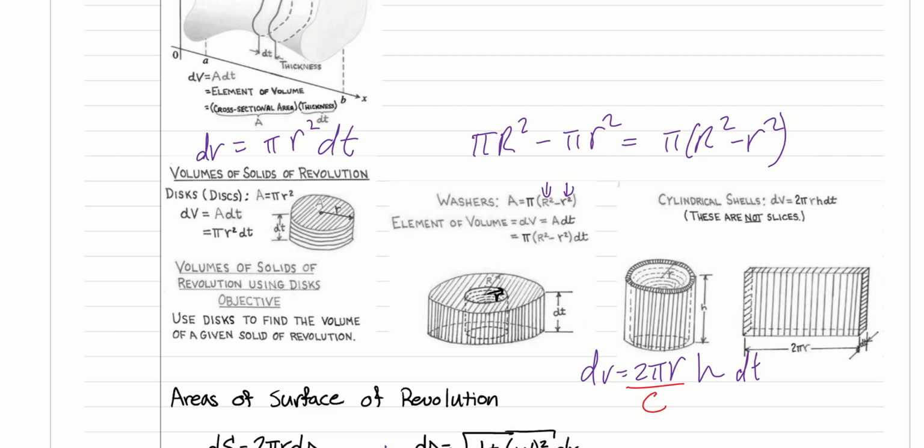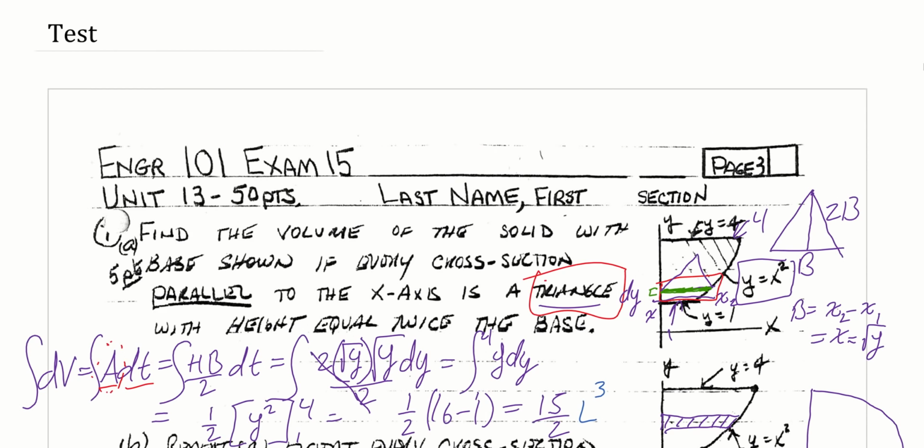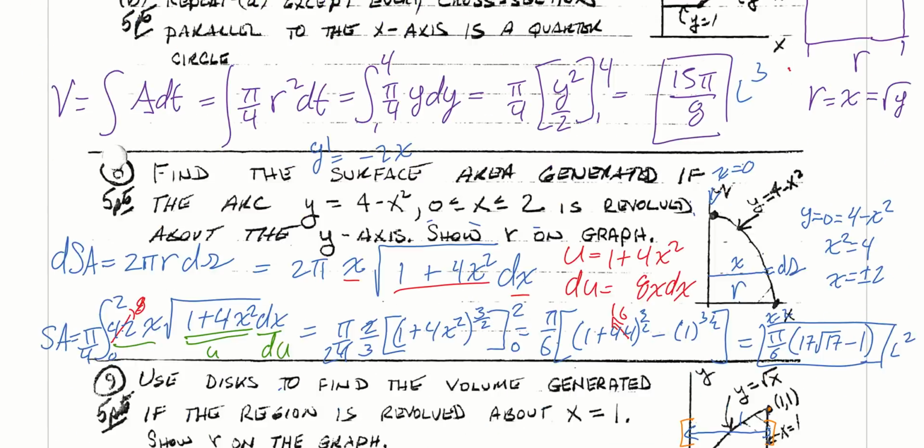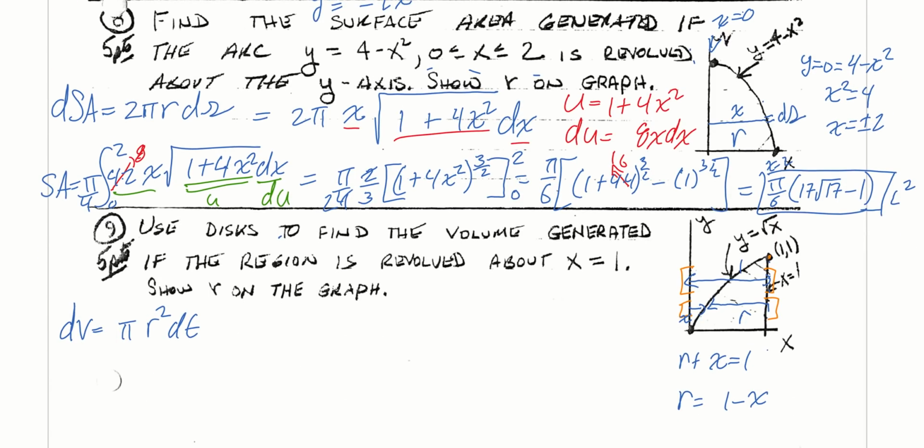Wherever you rotate is going to have some thickness to it, and you revolve it. The thickness is going to be perpendicular, but the strip is going to be parallel with r, meaning this is going to be a strip of area right here. That means we have to use dy.